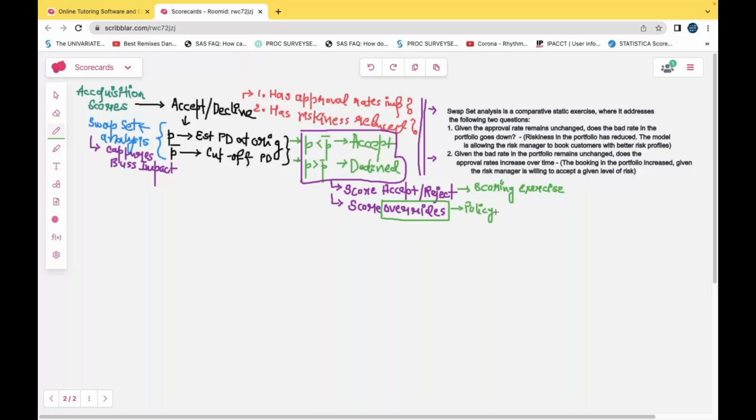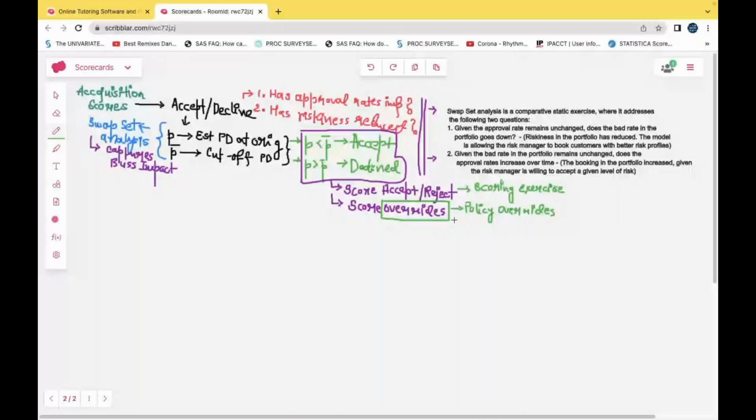This can happen because of certain characteristics of the profiles which satisfy certain policies, right? That's where the policy overrides come into play.